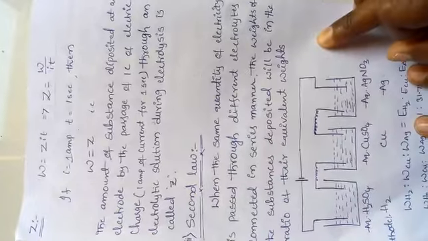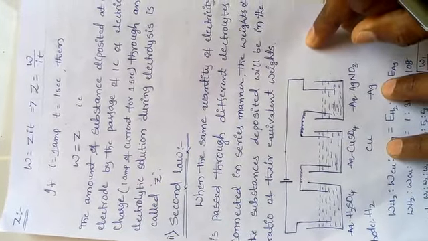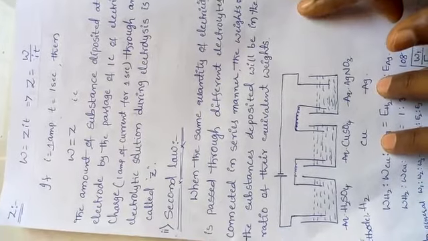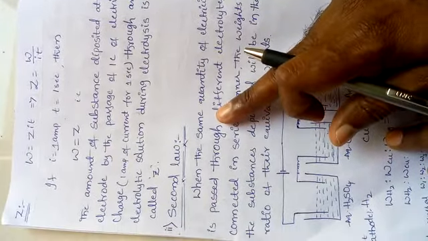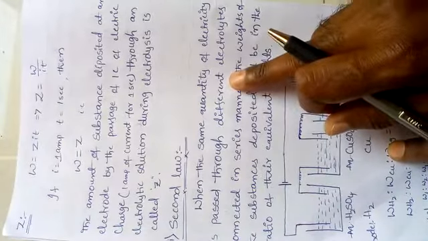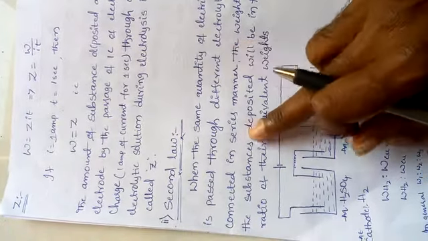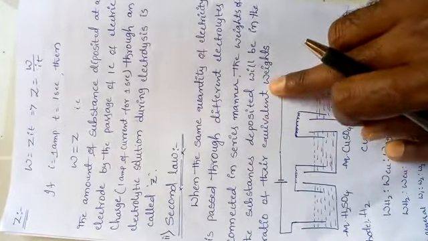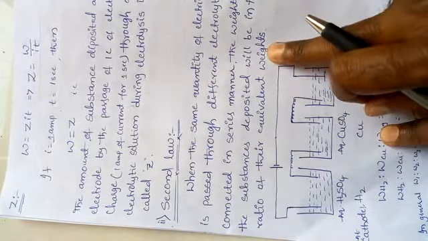Next, the second law of Faraday. When the same quantity of electricity is passed through different electrolytes connected in series, the weights of the substances deposited will be in the ratio of their equivalent weights.